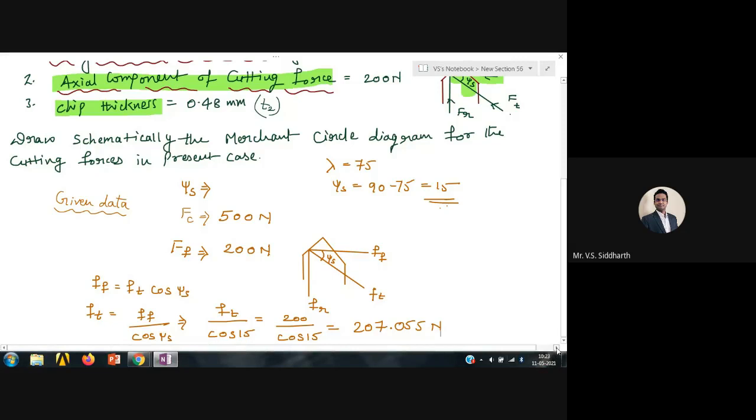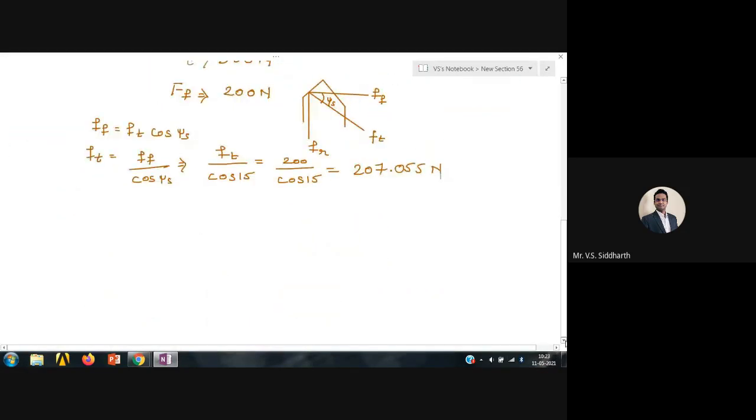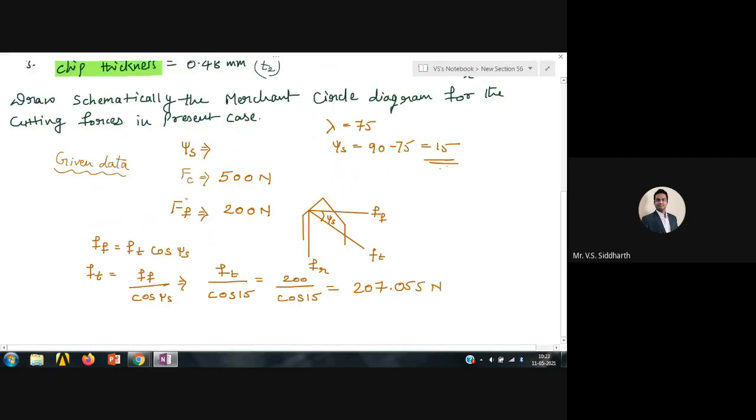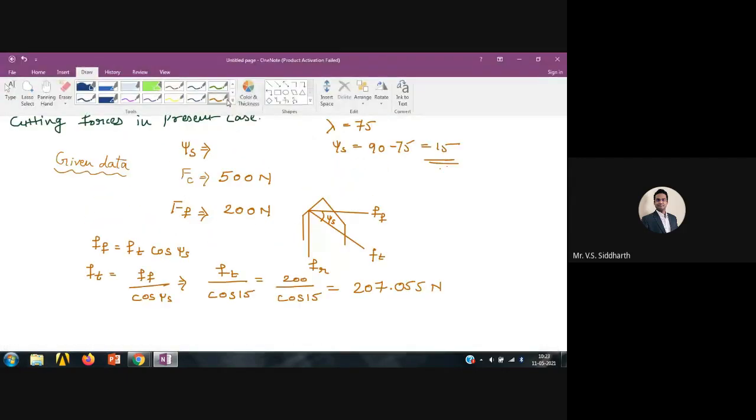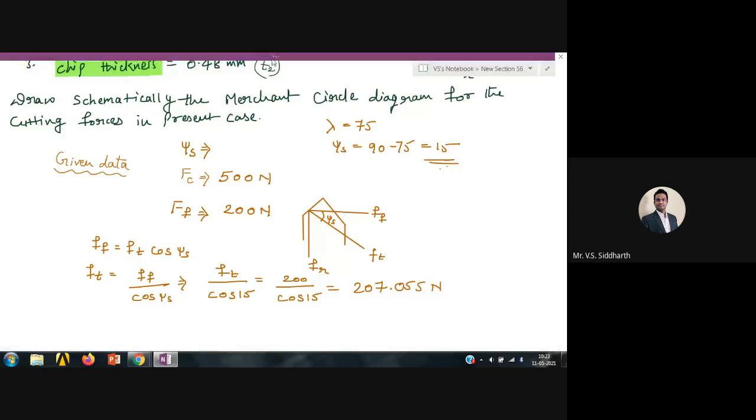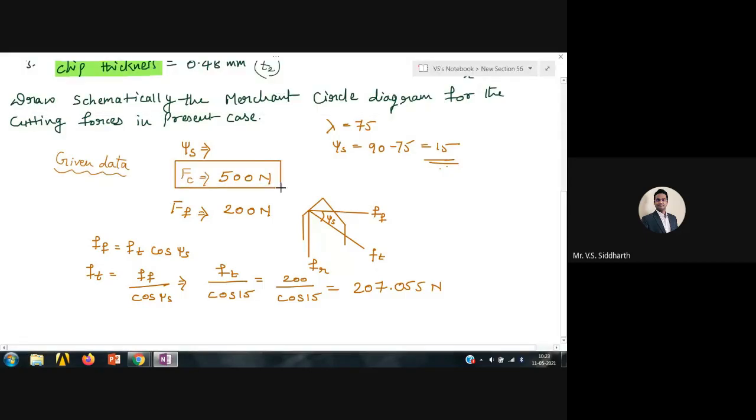I got the value of FC. Good. Now what I will do is, I need to calculate all the angles with the help of the Merchant circle. So I already have FC, which is given in the question, and I got the value of FT.